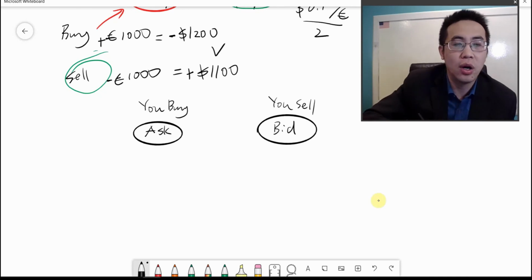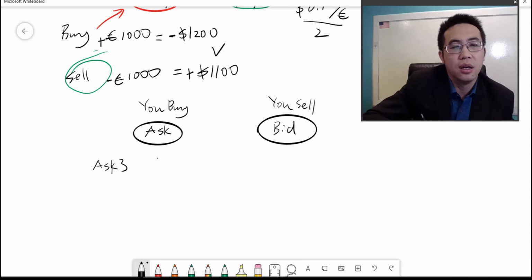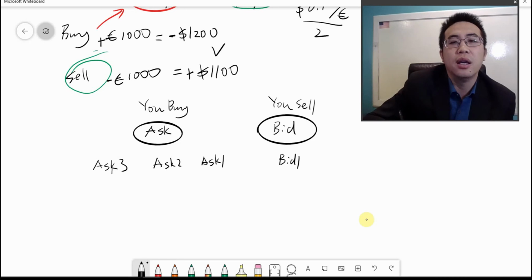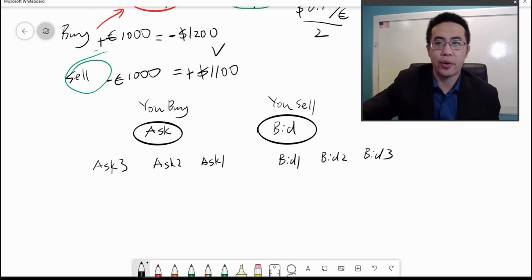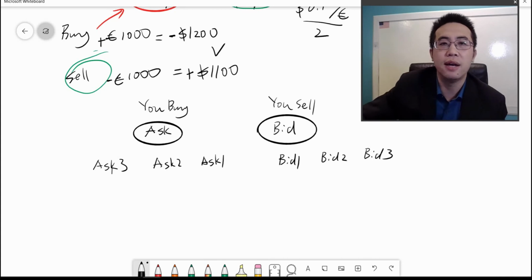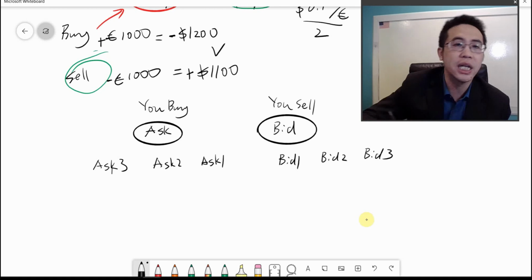And in a more sophisticated financial system, you could have different banks who do the trade with you. We have 3 banks, for example, and we have 3 banks here for you to sell your currencies to. They each come with a different price, because not everybody wants to offer the same price. Each of them has their own level of price depending on how well they operate and how much money they want to make.